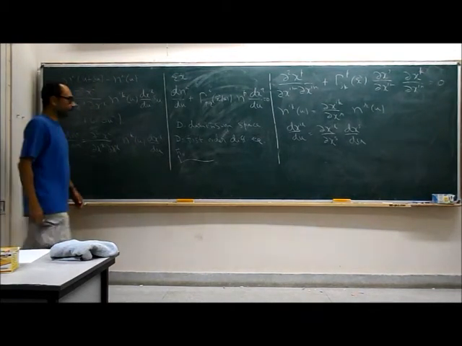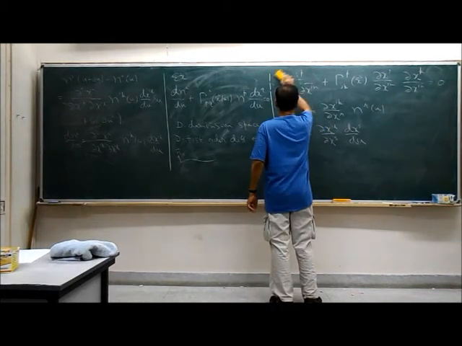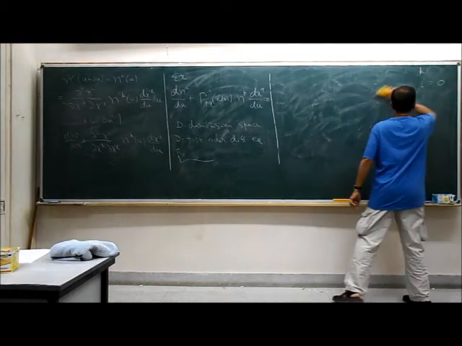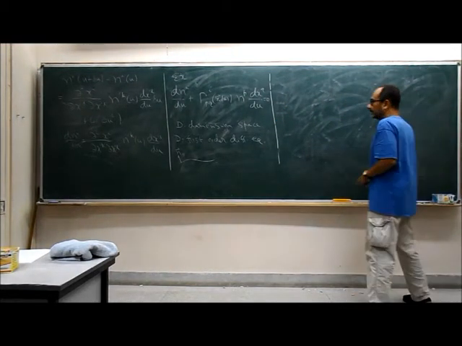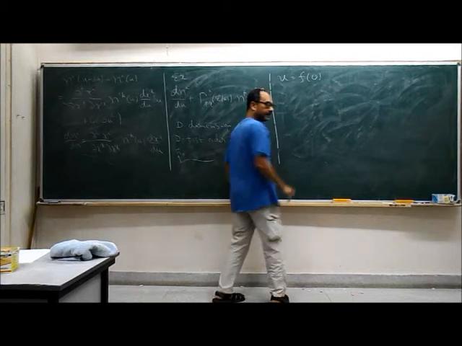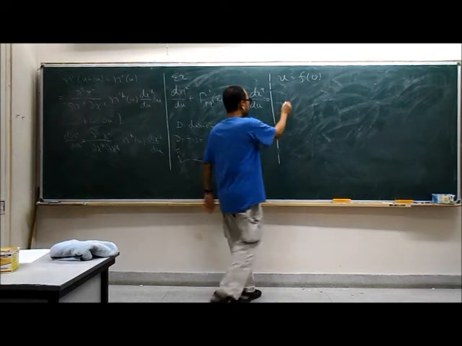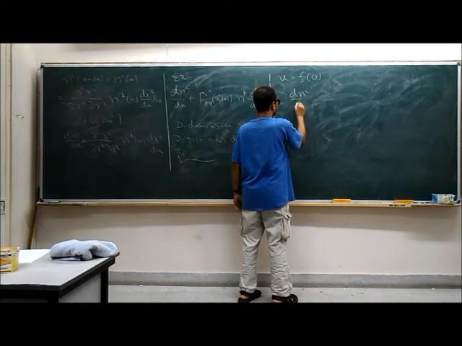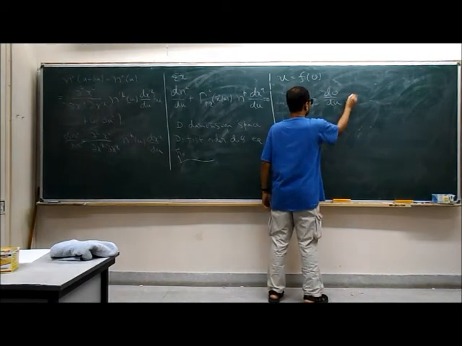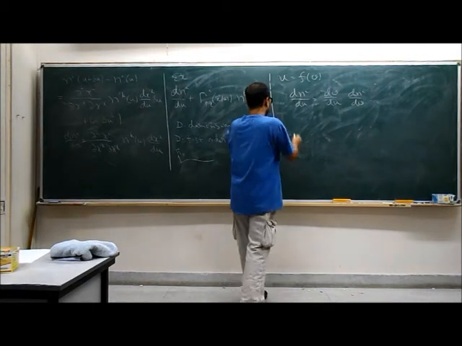So let's start from here. Suppose you have an equation like this. And let's suppose we introduce another parameterization, u as some function of v. We use a new parameter. Then dn^i/du becomes dv/du times dn^i/dv, and dx^q/du becomes dx^q/dv times dv/du.